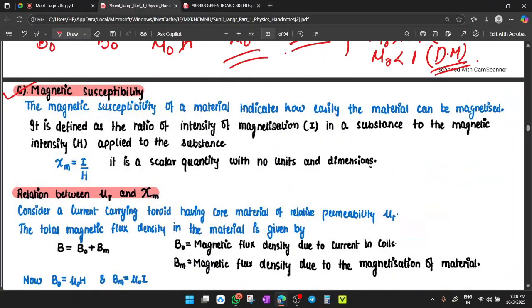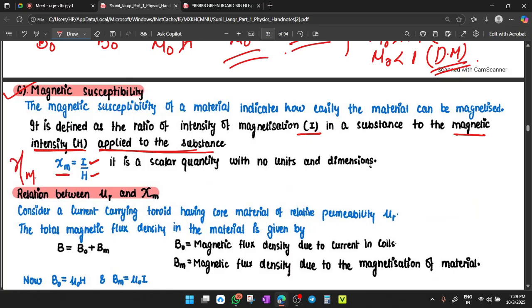The magnetic susceptibility of a material indicates how easily a material can be magnetized. It is defined as the ratio of intensity of magnetization I in a substance to the magnetic intensity H applied to the substance. Okay, beta? Because magnetic intensity H is the thing you apply, and when you apply H, in how much amount magnetic dipoles are created, this gives a term chi m.